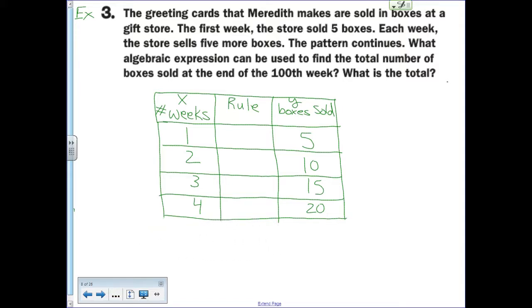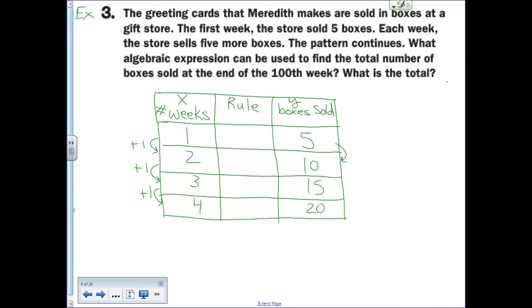Now, what we want to look at is, what are the patterns? As we go up from week to week, we are going up by 1. So we're adding 1 to each week. That means basically our numbers are going in order.